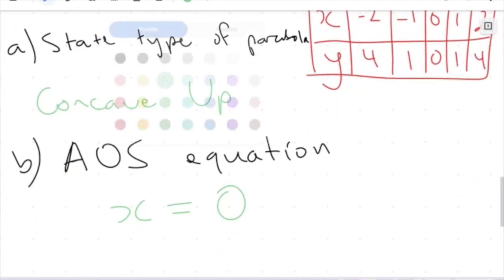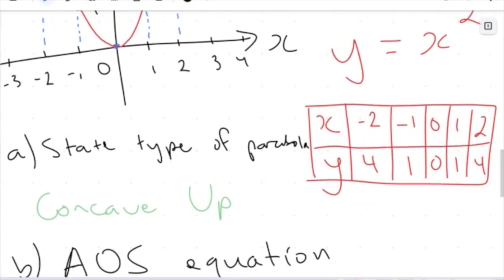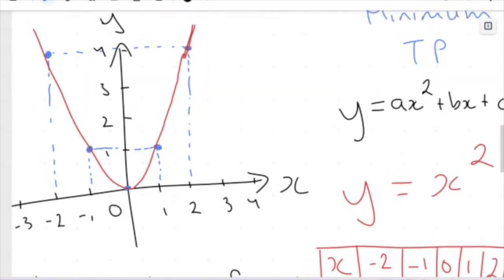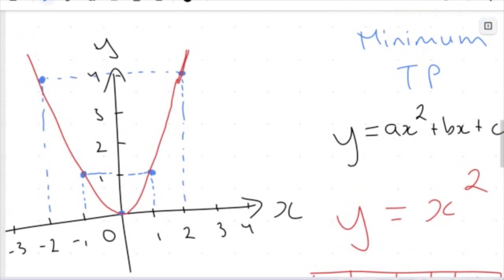And similar to when we worked through linear relationships, what are my intercepts? Now remember, we have x and y intercepts for linear relationships, and we also have the same for what we call non-linear relationships, things like quadratics and parabolas.